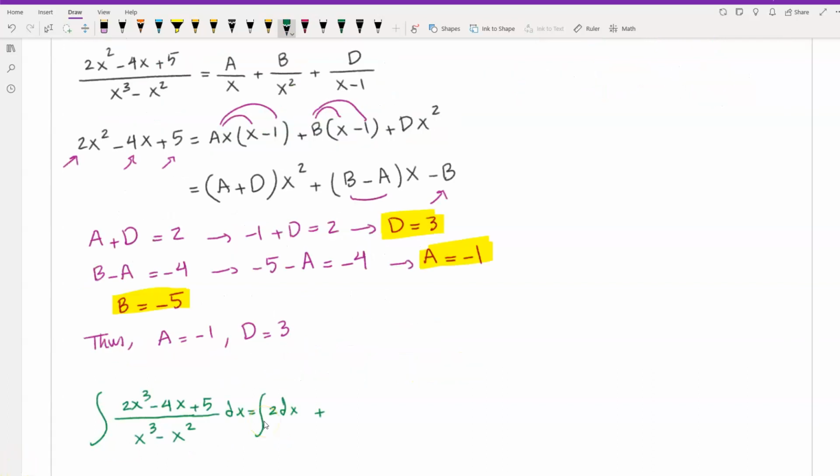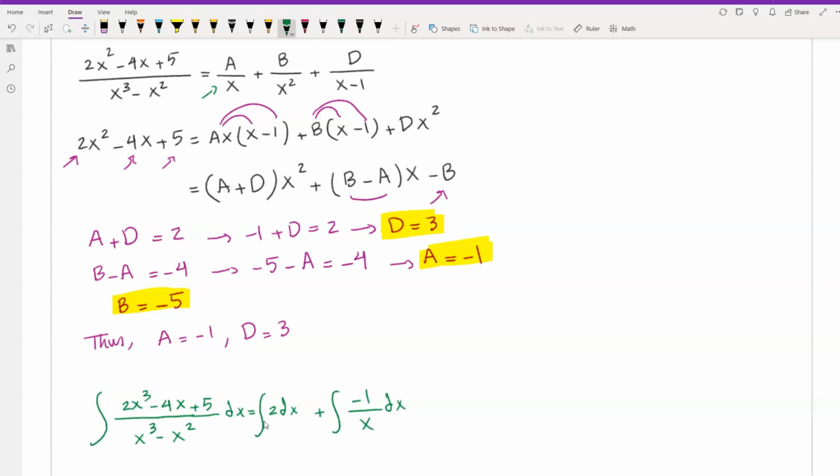So the integral is equal to the integral of 2 times dx plus, for the second part, we had this one. So we have a over x, a is negative 1, so the integral of negative 1 over x times dx.